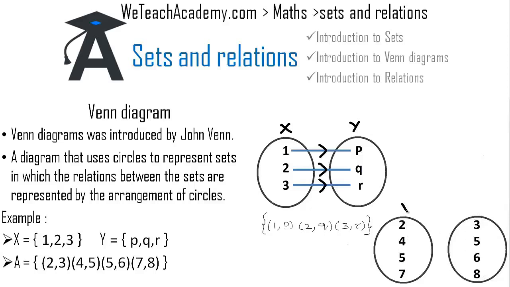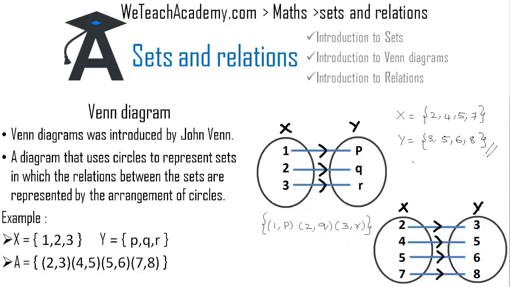Let us represent the first Venn diagram with X and the second with Y. Now let us map the first element of X, 2, with 3, and similarly we can map the other elements. So 4 is mapped with 5, 5 is mapped with 6, and 7 is mapped with 8. And we get the elements of set X as 2, 4, 5, 7, and the elements of set Y as 3, 5, 6, 8.